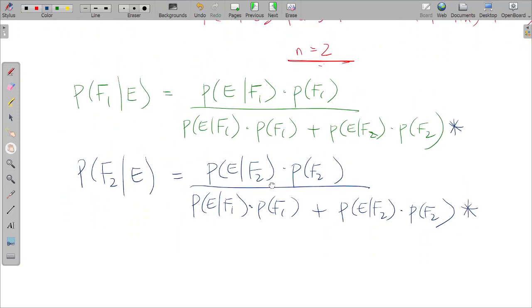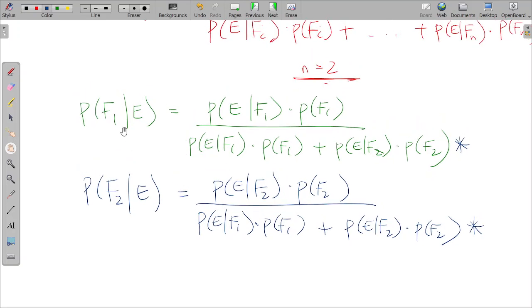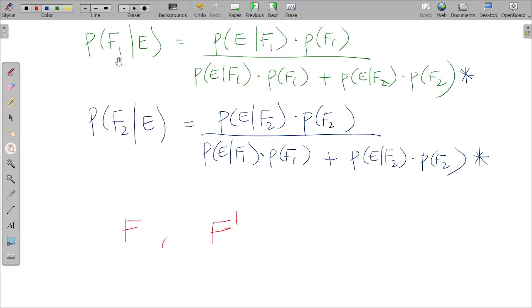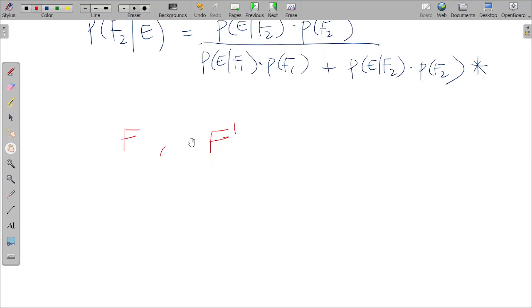But now, sometimes we are not dealing with F1 or F2. We are dealing with a case where we have F and F prime. So sometimes we are dealing with those two cases, having something and not having something, like having a disease, not having a disease.